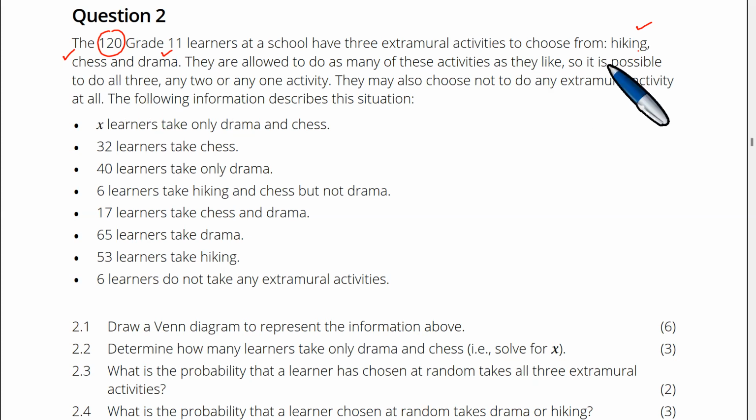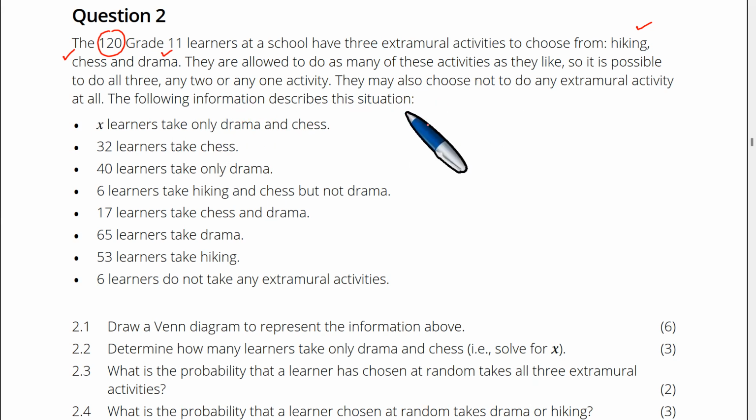Somebody can do hiking, chess, and drama, all 3. Any 2 or any 1 activity. They may also choose not to do any extramural activity at all. They can decide, I don't want to do hiking, I don't want to do chess, I don't want to do drama. So they may choose not to do any of them.